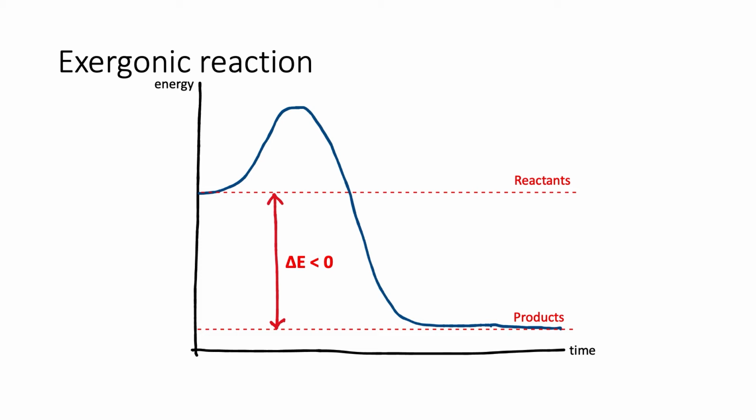So of course, this means that the change in free energy, or delta E, is less than 0, as the free energy of the products is lower than the free energy of the reactants. So we are subtracting a big number from a smaller number, resulting in a negative number for the change in free energy. And this makes sense because the definition of an exergonic reaction states that it releases energy. As you can see from this graph, there's a loss of free energy overall.